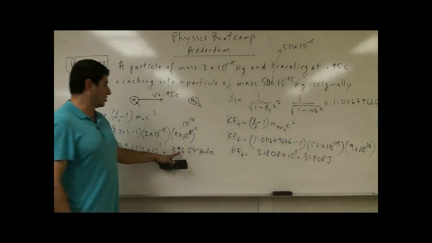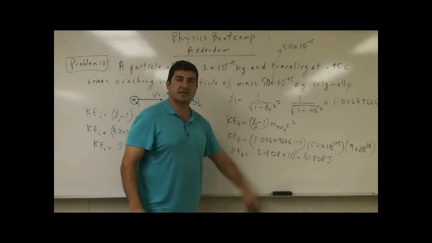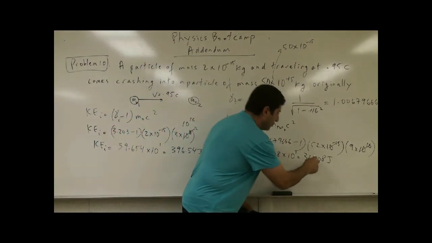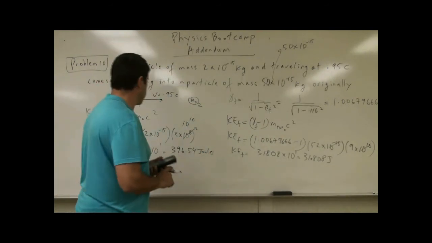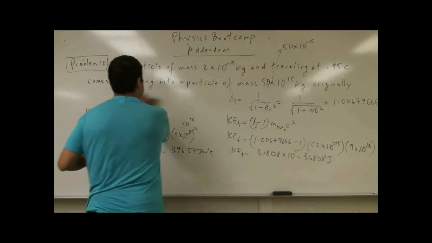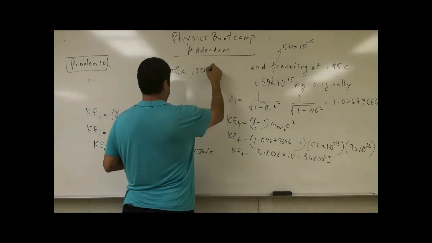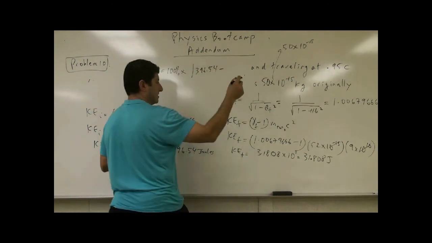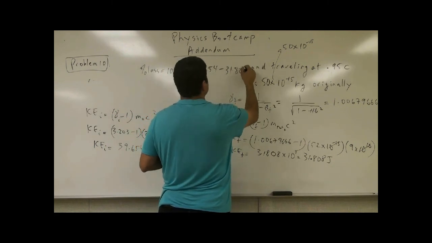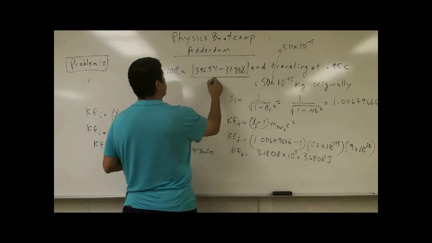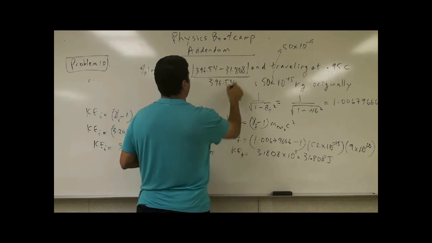So the initial kinetic energy 396, the final kinetic energy 31.808 joules. So a lot of the kinetic energy has been lost. So the percent loss: 396.54 minus the final kinetic energy, 31.808, absolute value over the initial kinetic energy.